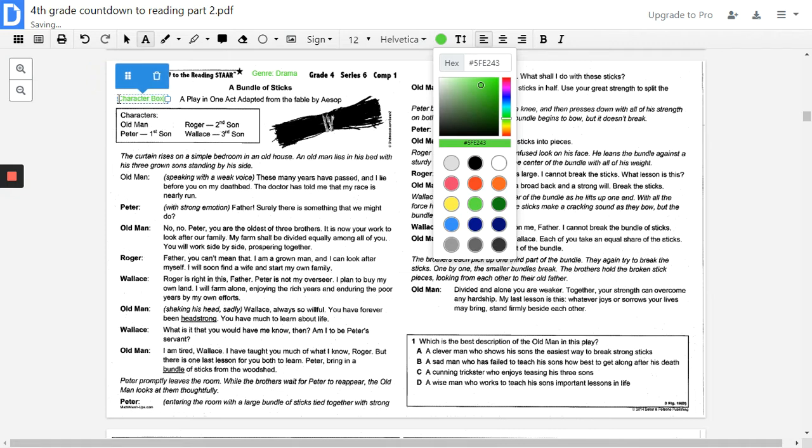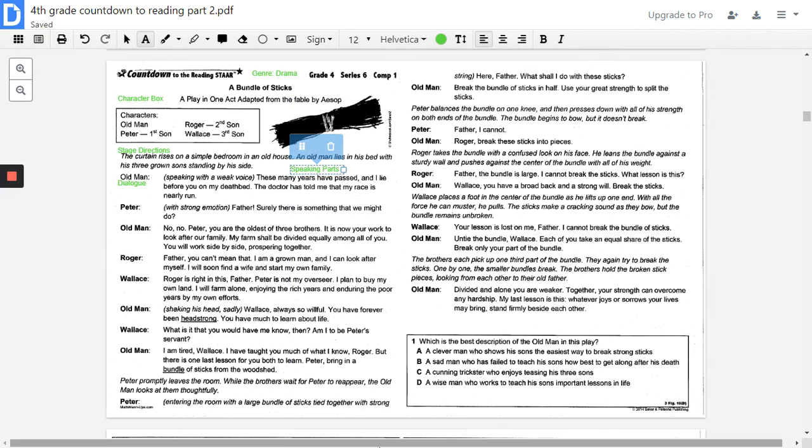Character box. Down here we have our stage directions. And then all throughout here we have our dialogue. Dialogue on this side. Speaking parts here. All right. So let's go ahead and read through this.